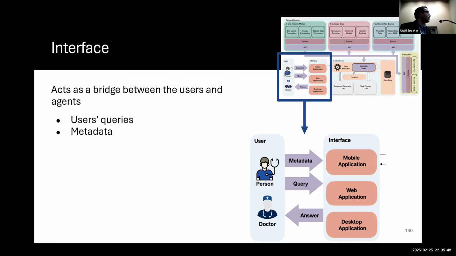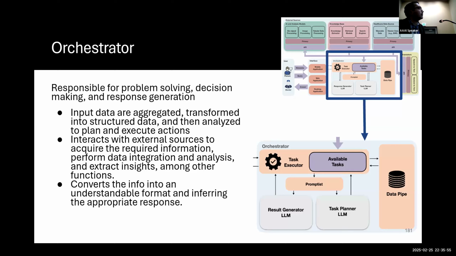All of these could be considered as metadata. After receiving these data, what the orchestrator is doing is it receives the input data and then aggregates, transforms all of those into structured data, analyzes these data using the toolbox that it has access to, and ends up with a plan and executes those plans.